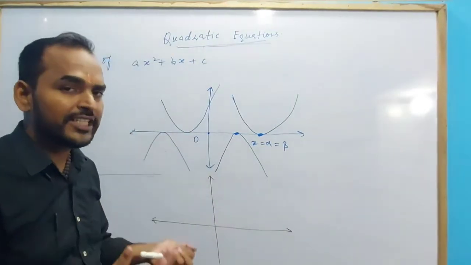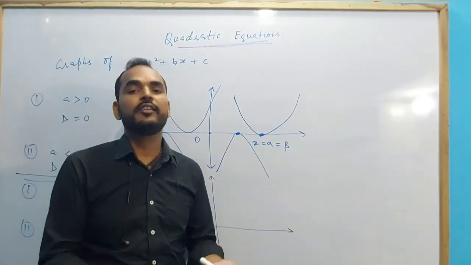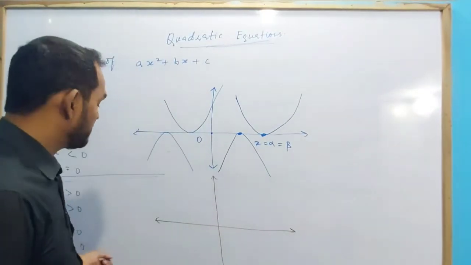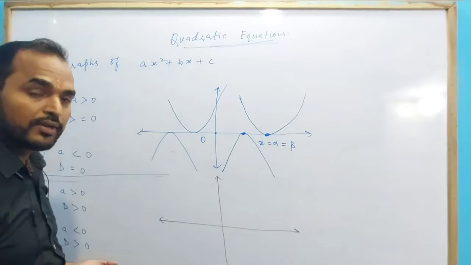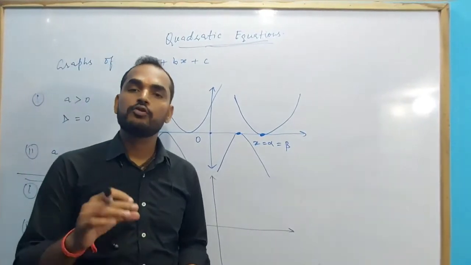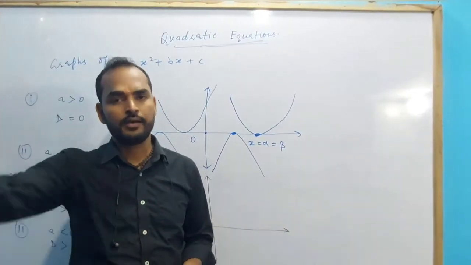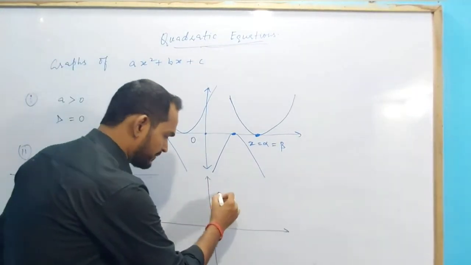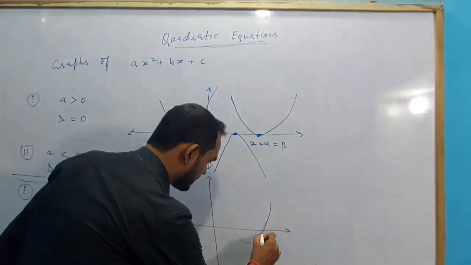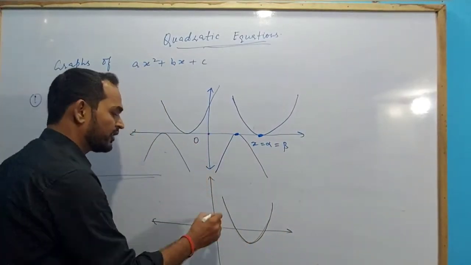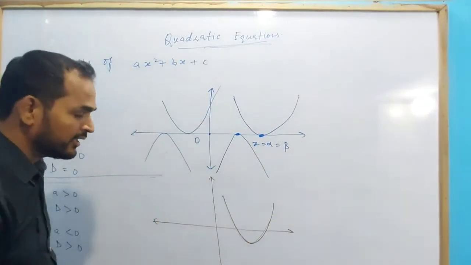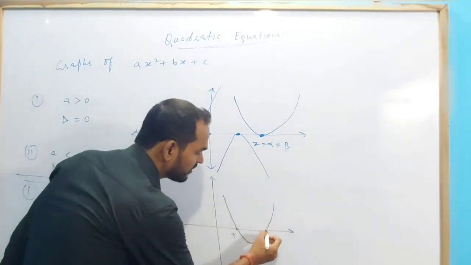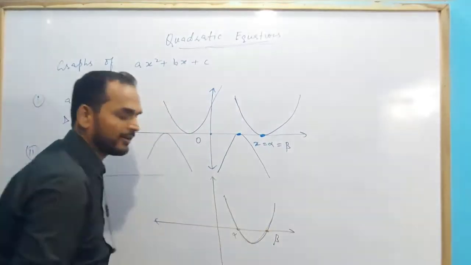If D is a perfect square, then alpha and beta will be rational or integral. But when D is not a perfect square, then the two roots will be conjugate and irrational. So suppose the graph is going like this. This place let's say is alpha, and the other place let's say beta.